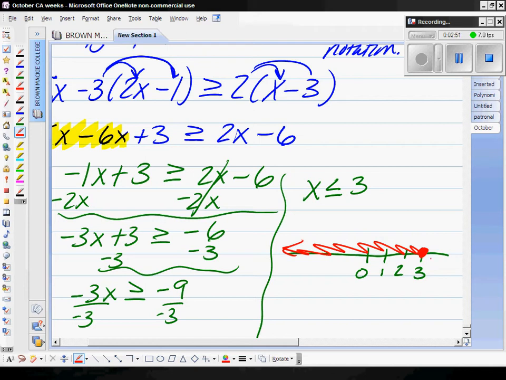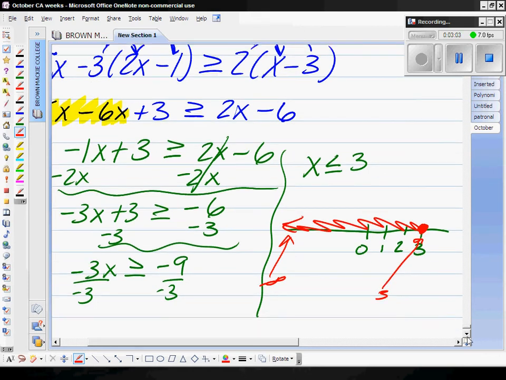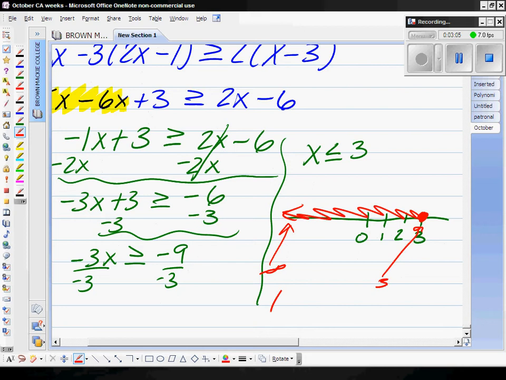Now the next part of the solution, we also say that we need to write it in interval notation. So where does the graph start? Well, the graph is starting at negative infinity. And where is it ending? It's ending at positive 3. So my interval notation would be negative 3. Oh, did I say negative 3? It starts at negative infinity.